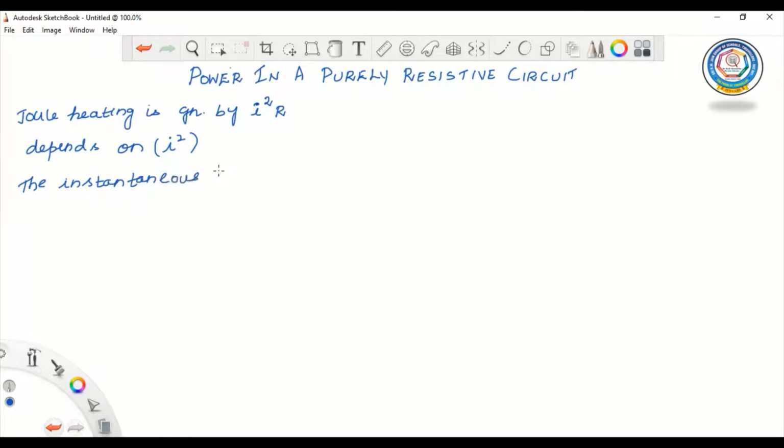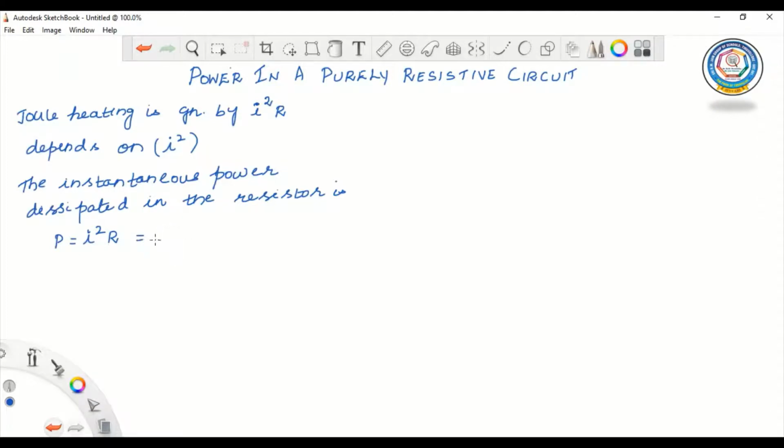P is equal to I square R, and already we know what this I is.